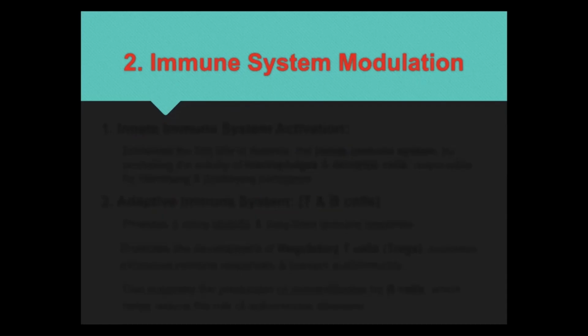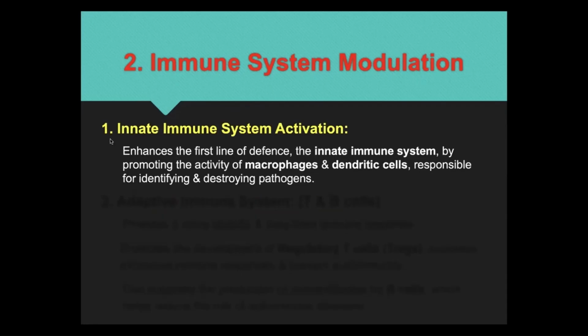Second, immune system modulation. Number one, innate immune system activation. It enhances the first line of defense, the innate immune system, by promoting the activity of phagocytes and dendritic cells responsible for identifying and destroying the pathogens.